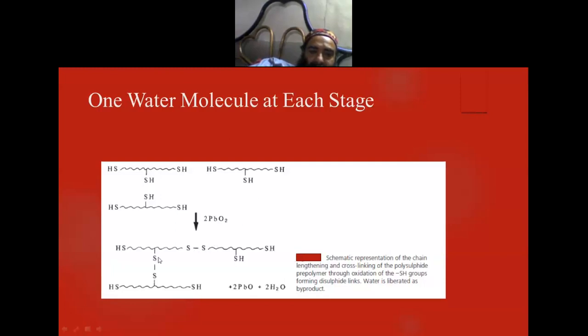When these two groups become attached to each other, these two hydrogens plus one oxygen, and two hydrogens plus one oxygen, a water molecule will be obtained, one from this and the other from this.